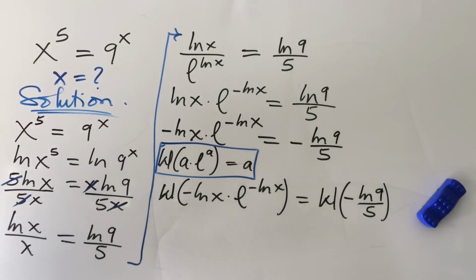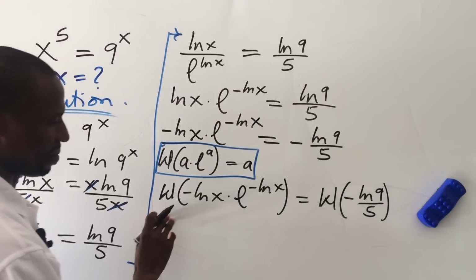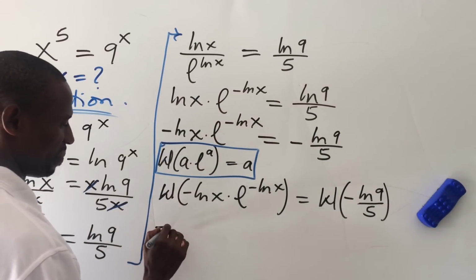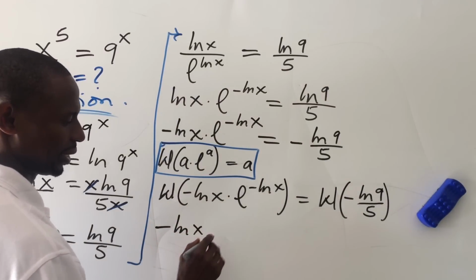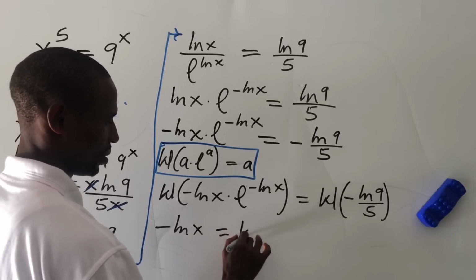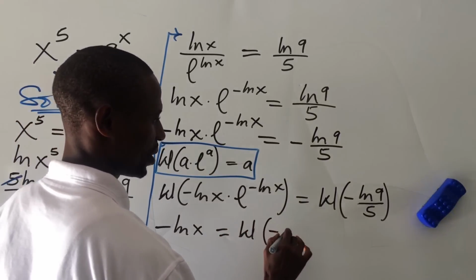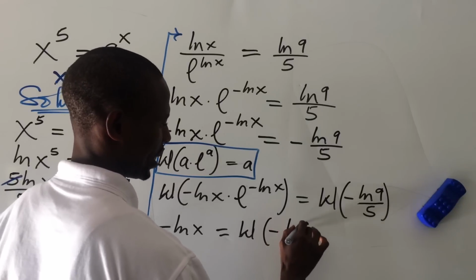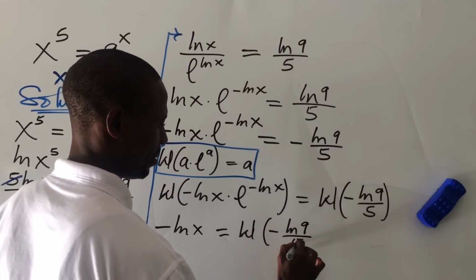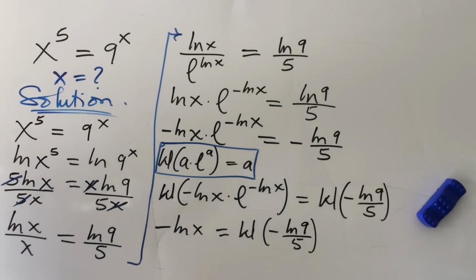Easy. We're almost there. From here, we're going to have minus ln of x equal to the Lambert W function of minus ln of 9 all over 5, close bracket.